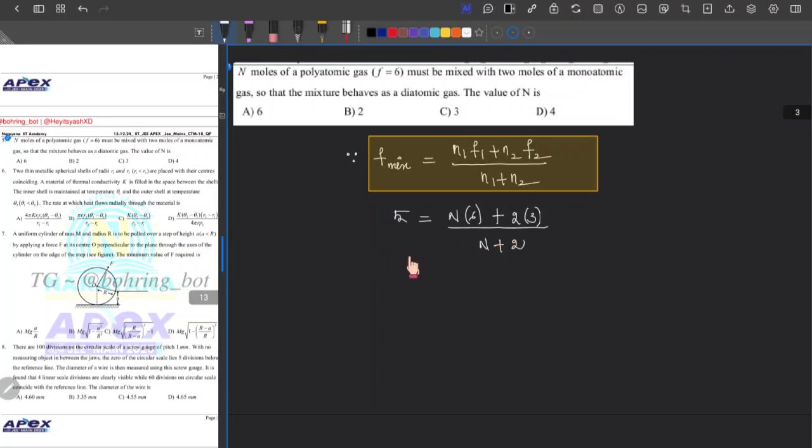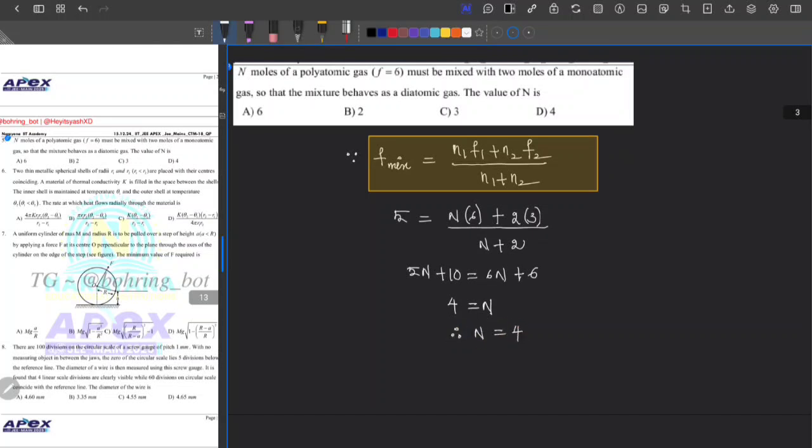Therefore 5n plus 10 equal to 6n plus 6, right? Therefore n is equal to 4. That is the answer. n will be equal to 4.